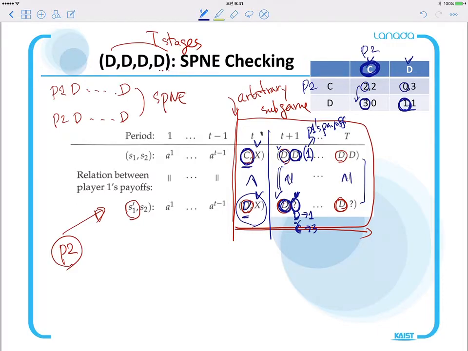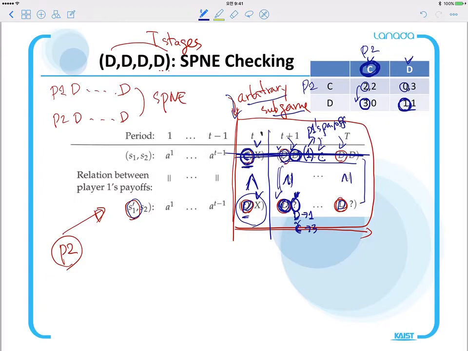So what does this example tell you? When we look at an arbitrary subgame, from player 1's perspective, choosing D is a better response than choosing C here, with the rest being D. If we include C here or here in arbitrary stages, choosing D is always better. So this is not a good strategy.